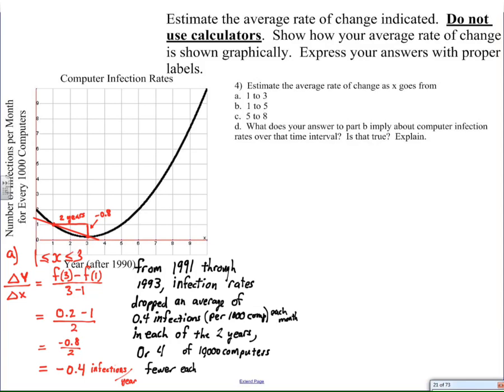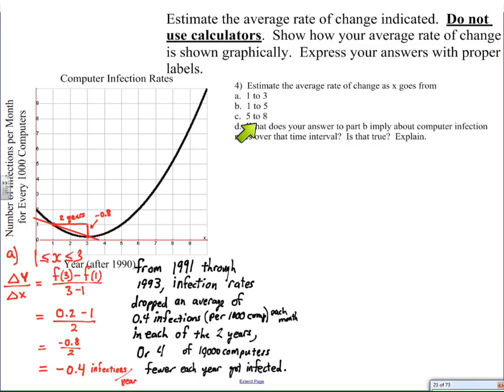And then I also translate that rate, so basically monthly there were 4 fewer computers out of 10,000 that were infected because of whatever improvements in antivirus software.